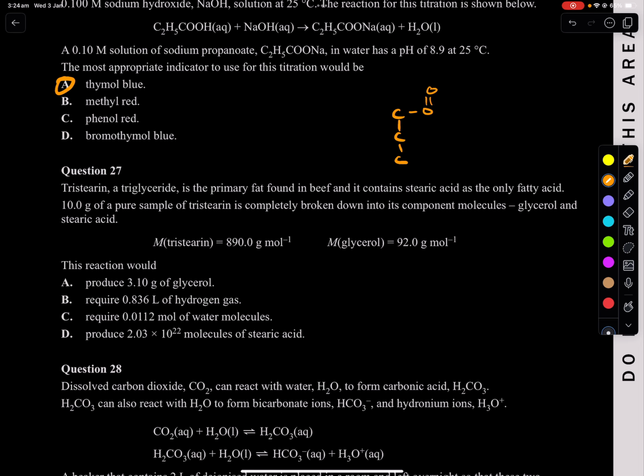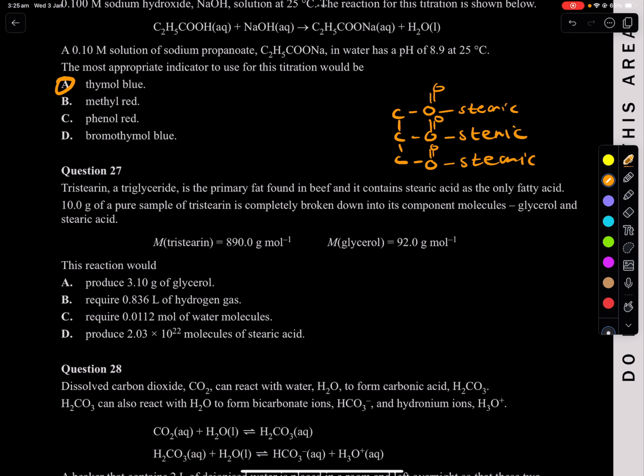So if it has 3 acids, here would be stearic acid. Because the only fatty acid is stearic acid, the three fatty acids are all going to be stearic acid. So, okay, that's your triglyceride.